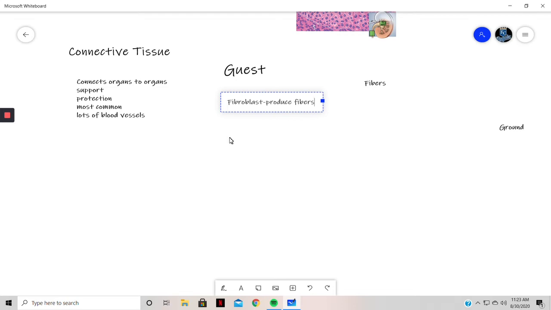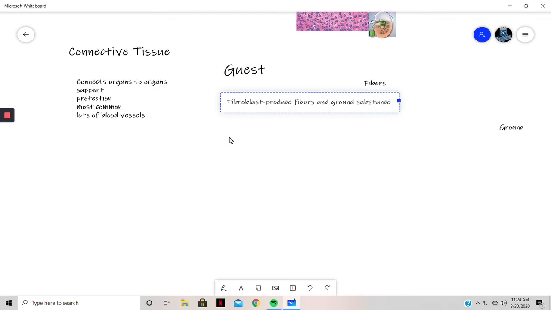And I'm going to use that word fibers. It's a general umbrella term for a lot of things. Produce fibers and ground substance.